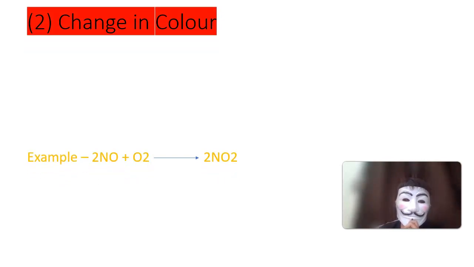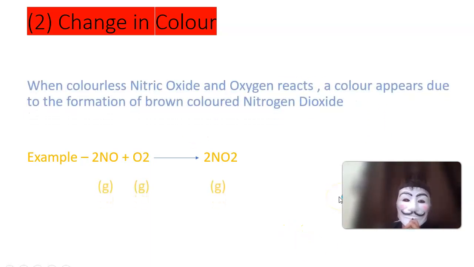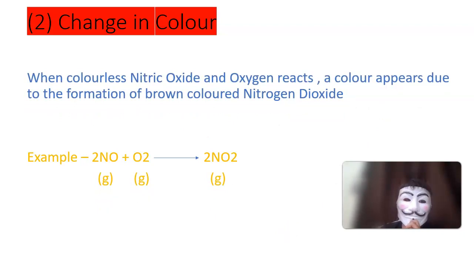So you can see the example. Nitrogen oxide plus oxygen, you can see over here nitrogen dioxide is formed. So see, when colorless nitric oxide, we also call it nitrogen oxide, and oxygen react, color appears due to the formation of brown colored nitrogen dioxide.